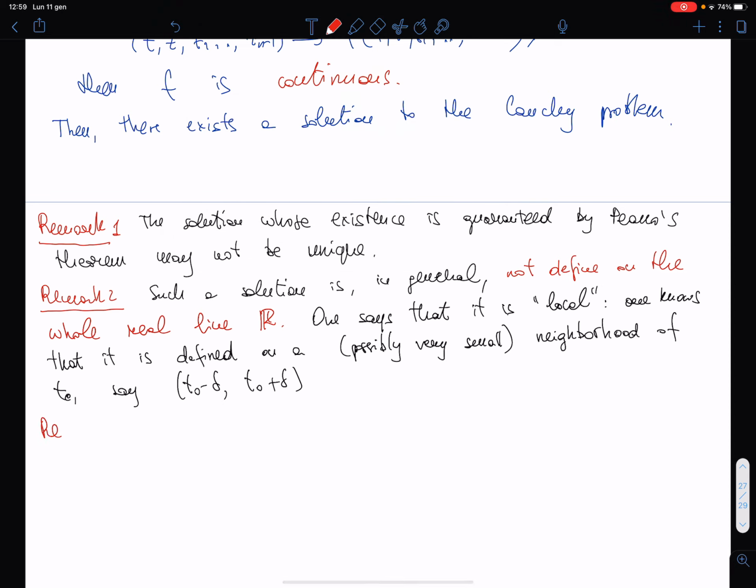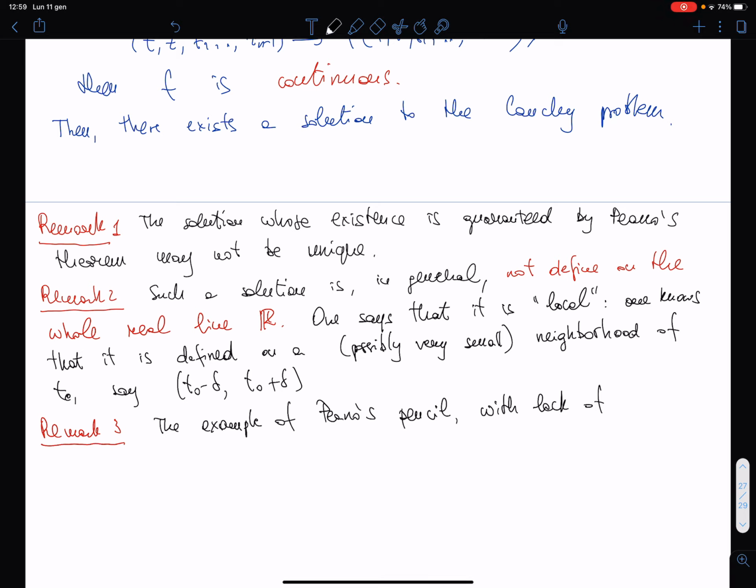Remark 3. The example of Peano's pencil, with lack of uniqueness, satisfies the hypothesis of Peano's theorem.